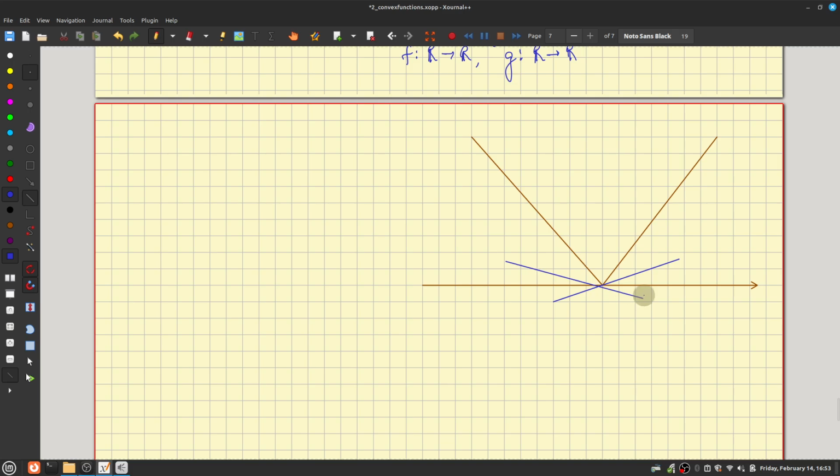Every tangent lies below the function. And in many cases, the slope of any of these tangents can be used for the algorithms in place of the gradient.